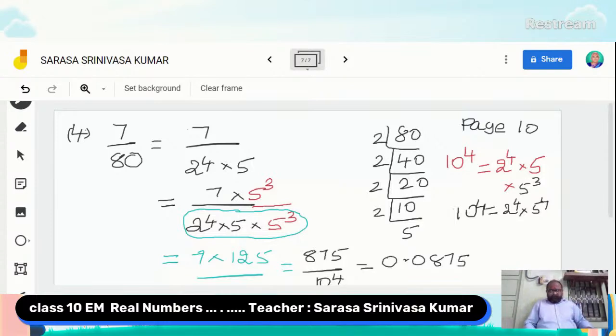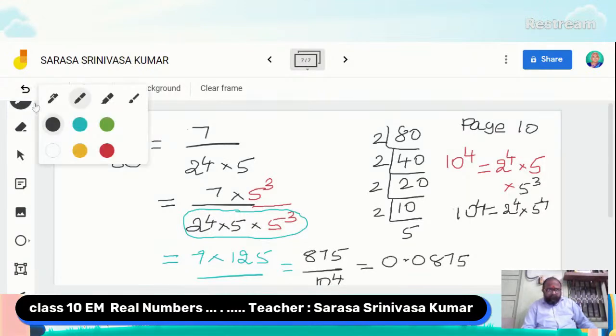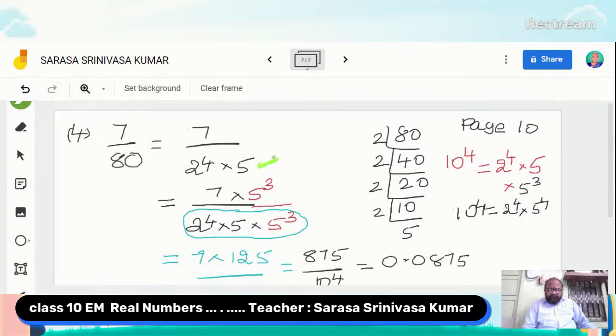Now I would like to explain this again. 7 by 80. I have written 80. I have found prime factors for 80. Prime factors for 80 are 2 power 4 multiplied by 5.